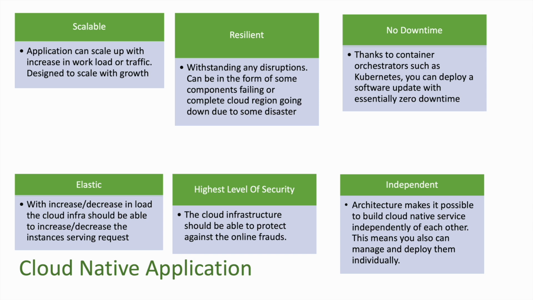They have their own development life cycle. That's what makes all the services within the application independent. So these are some of the attributes which come out of the cloud native way of development. That is, if you develop the application as per the guidelines from the cloud native approach, then you can achieve all these things.